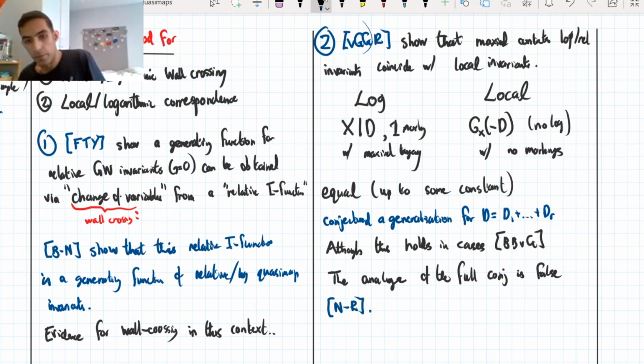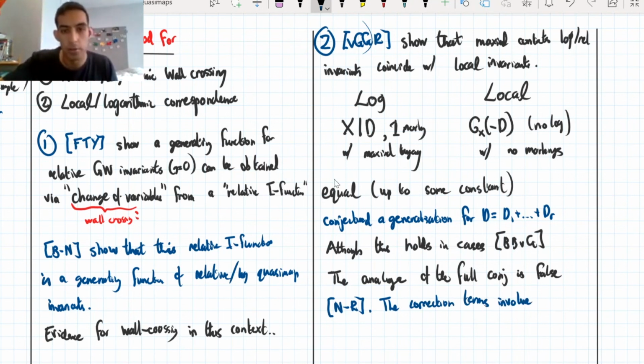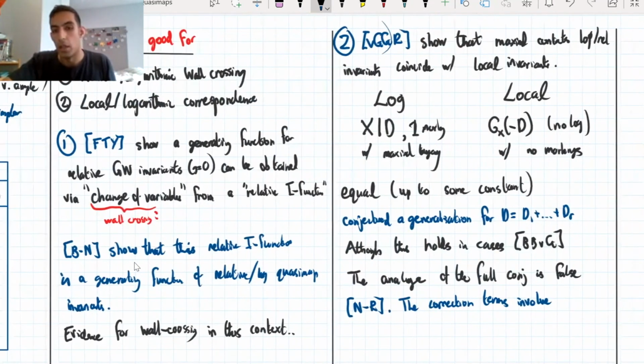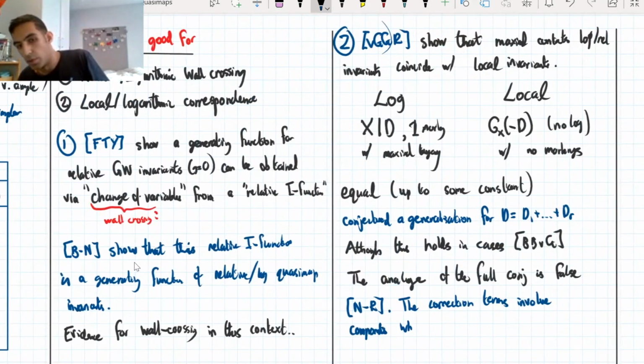The interesting thing about them is that the correction terms involve the components, like I showed you before, where the difference between these two spaces was that there were loads more boundary divisors in the Gromov-Witten space. They include components which wouldn't, or are less likely to, appear in the Quasimap setting.